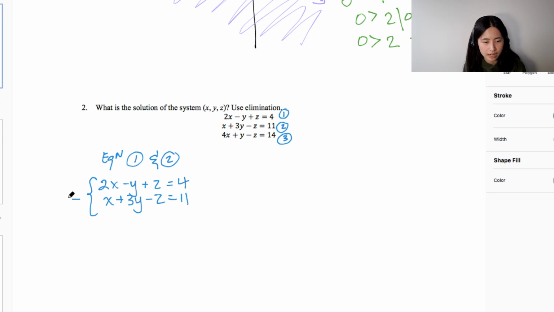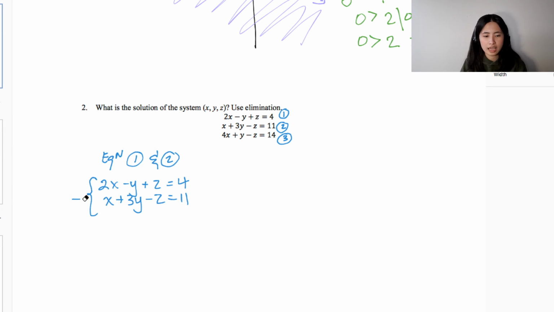But think again: if you have that negative sign over here, adding the two equations doesn't really get rid of z.